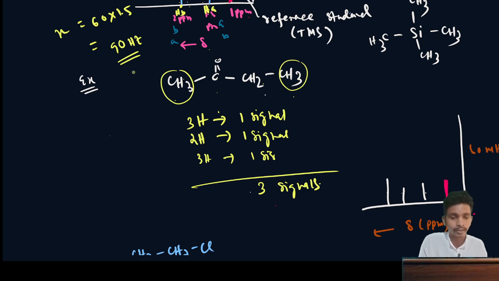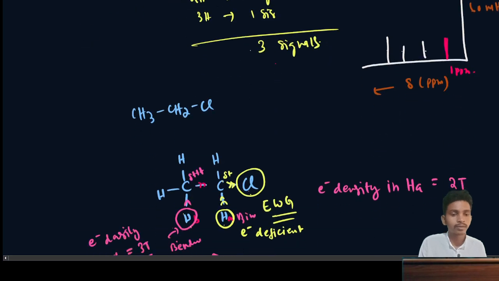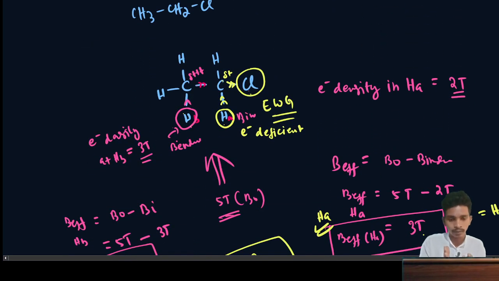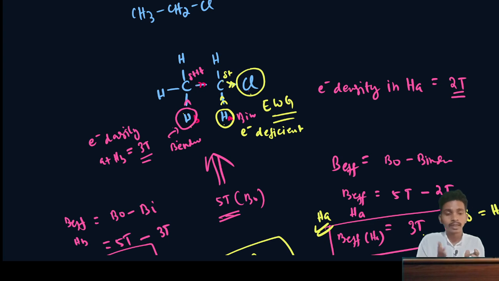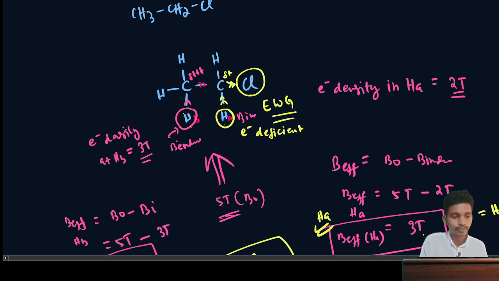So this is how the positions of signals depend on whether an electron withdrawing group is attached to the atoms, increasing the chemical shift, and if an electron donating group is attached, the chemical shift value is decreasing. That we have discussed now.